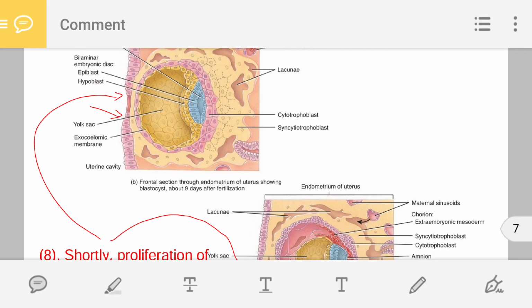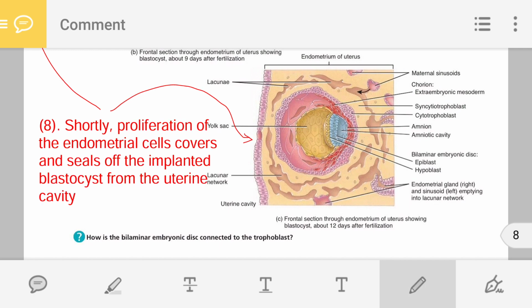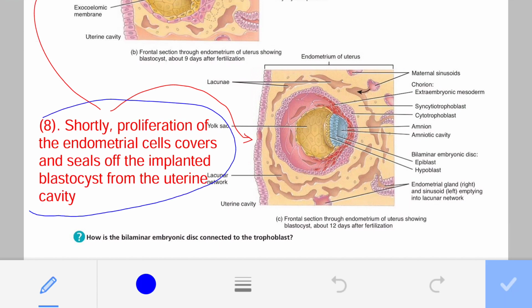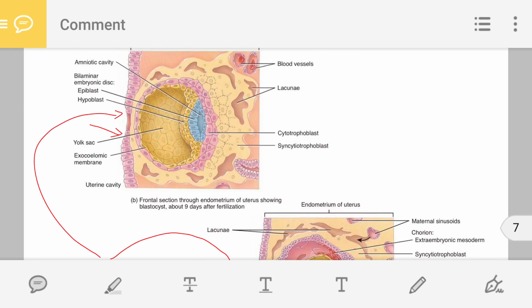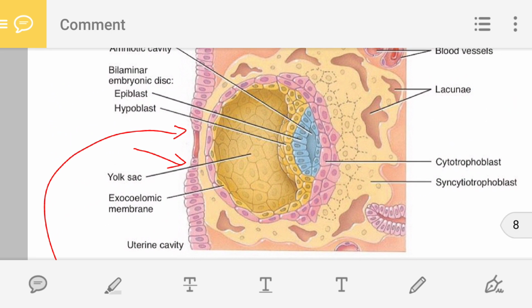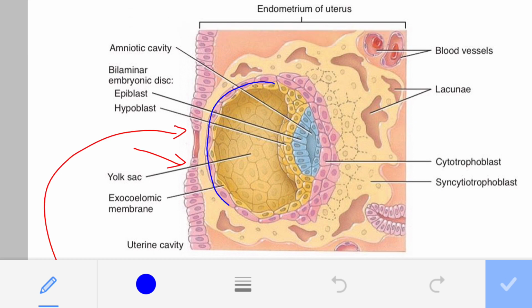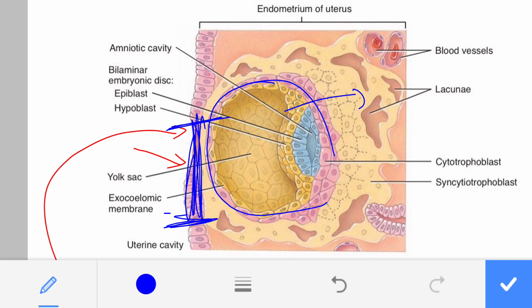So now this endometrium proliferates. What is the meaning of proliferating? You have to understand this. For example, this blastocyst is inside the endometrium, and by that time, due to the syncytial enzyme, this layer was eroded, this layer was ruptured, and by doing so, the blastocyst entered the endometrium.